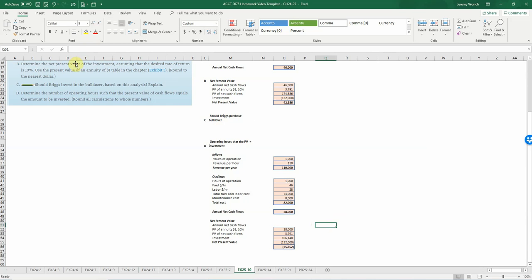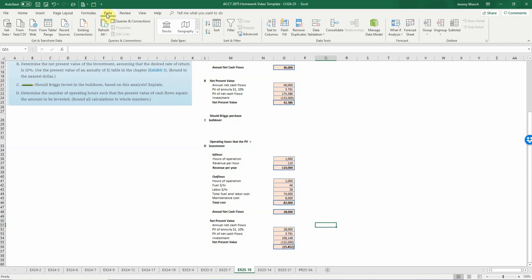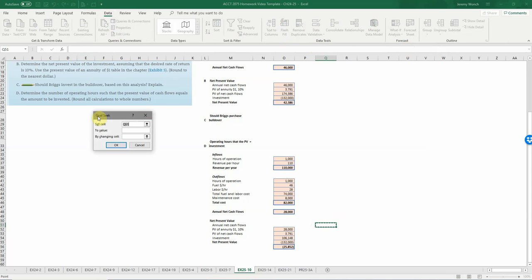To do that, we want to go up to Data, and there we go. We'll go to What-If Analysis, and then we'll click Goal Seek. What we want to do is take this net present value number and have it go to 0, and we want it to do that by changing our hours of operation.